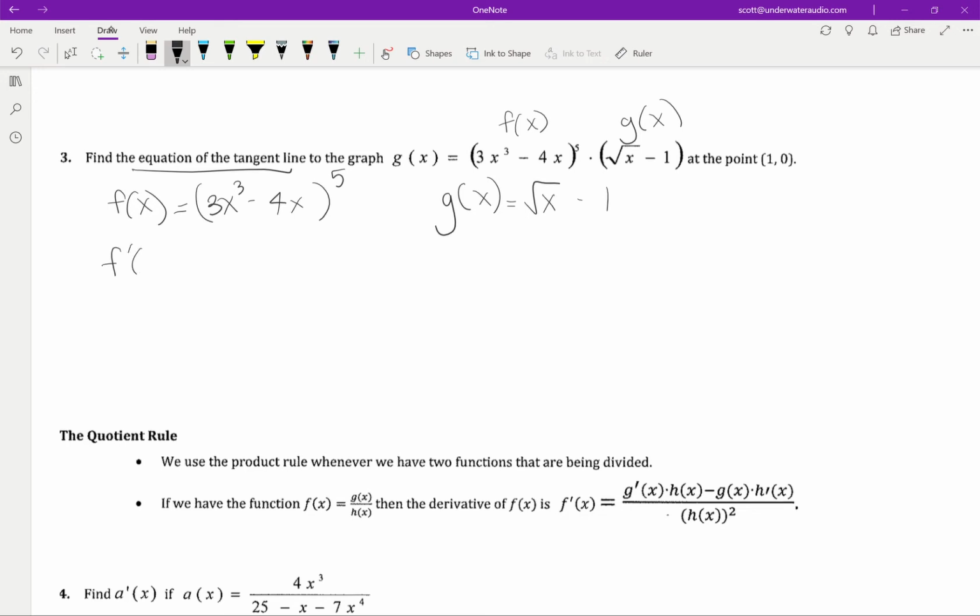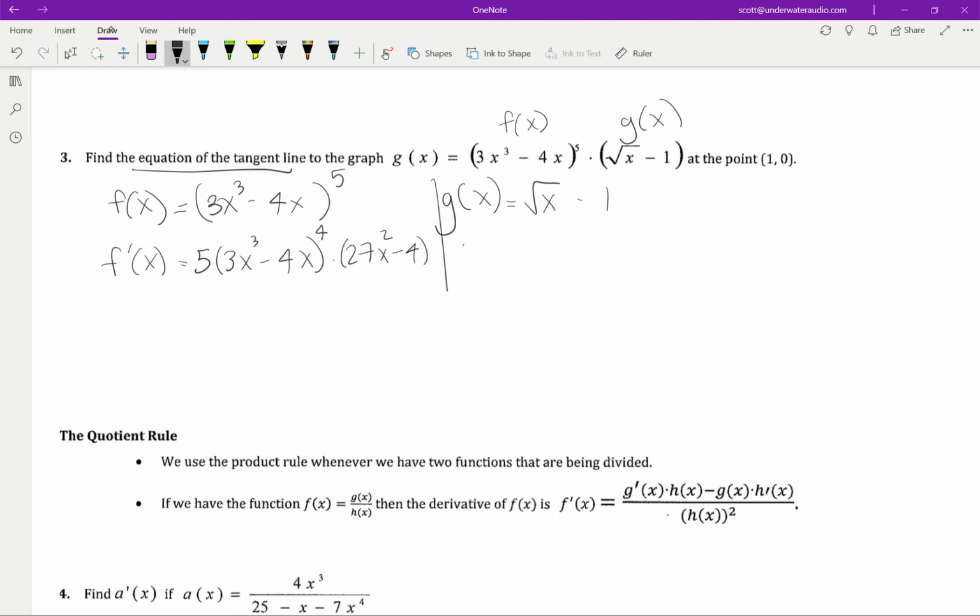F prime of x equals, let's see, 3 times 3 is 27, 27x, oh, I almost did a very bad thing. Since this is all to a power, I need to use the power rule. So 5 times 3x cubed minus 4x to the fourth. And then times, now I take the derivative of the inside, 27x squared minus 4.